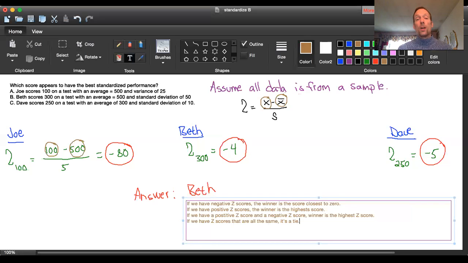We need to know more to figure out which student won, like bringing in maybe some outside information that can help us evaluate the students. But most of the time, if you have a z-score compared to other z-scores and they're all the exact same value, we're just going to say it's a tie. One is as good as the other.